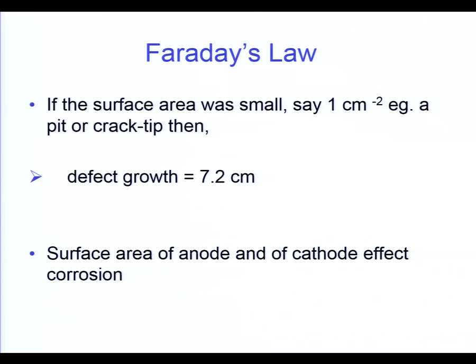The actual corrosion rate in terms of volume of material should be the same, but one is losing much more through thickness than the other. And in the stress corrosion case, you have a large cathode external surface and a small anode.